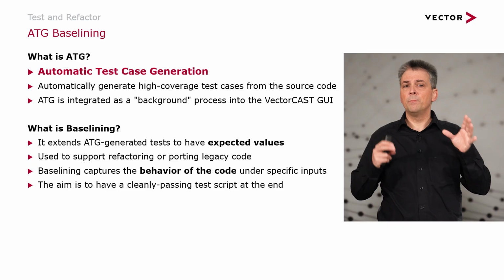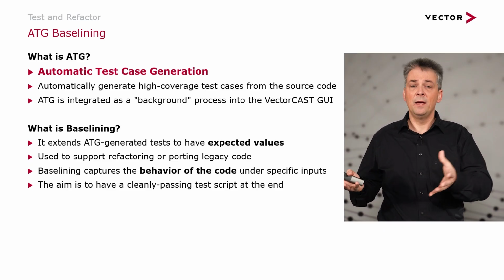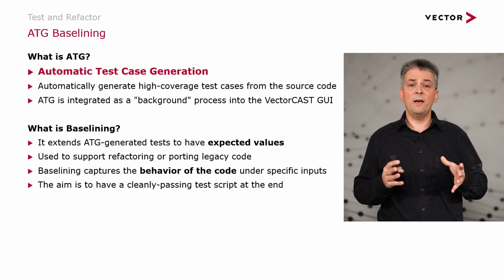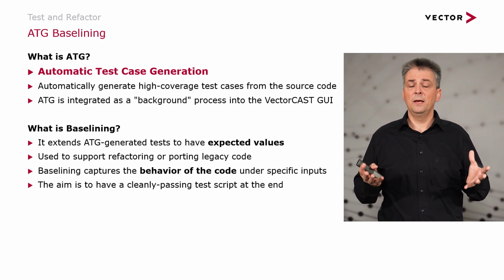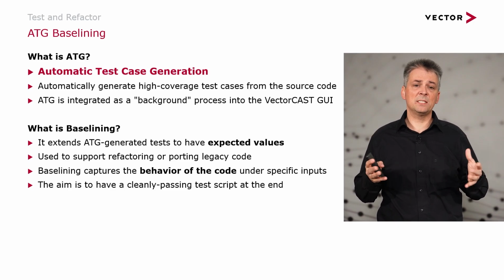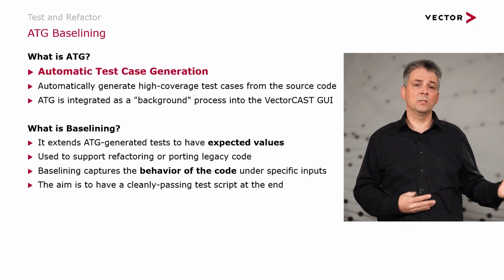And then the second part of this term, ATG baselining, is baselining, and this extends the ATG generated tests to have expected values. And now with that we have the characterization test that we need and that will support us in refactoring or porting legacy code.